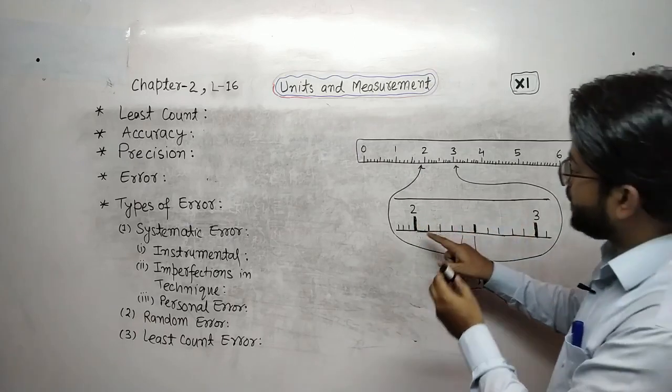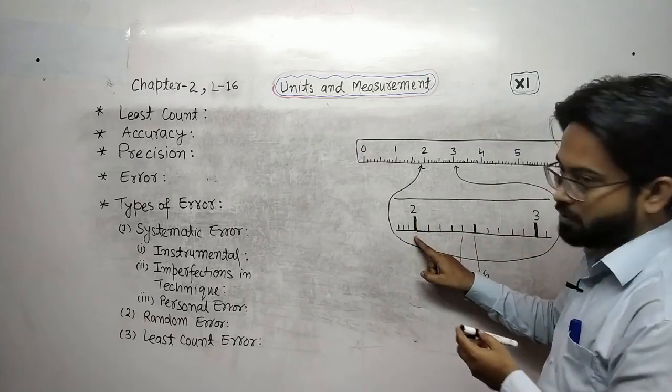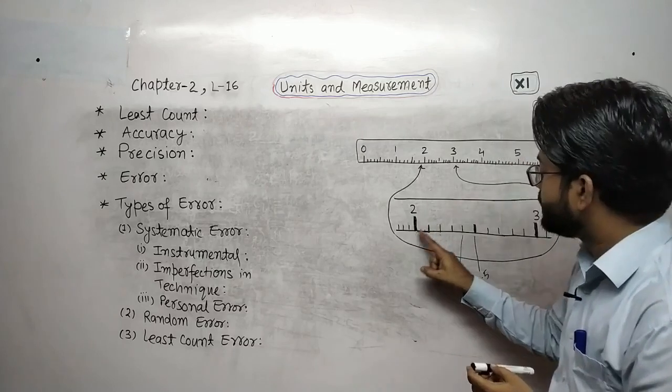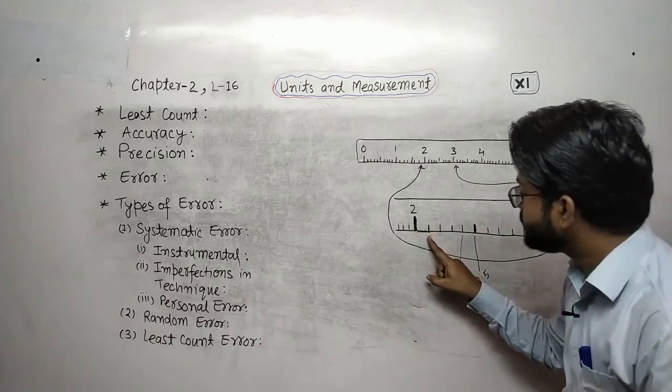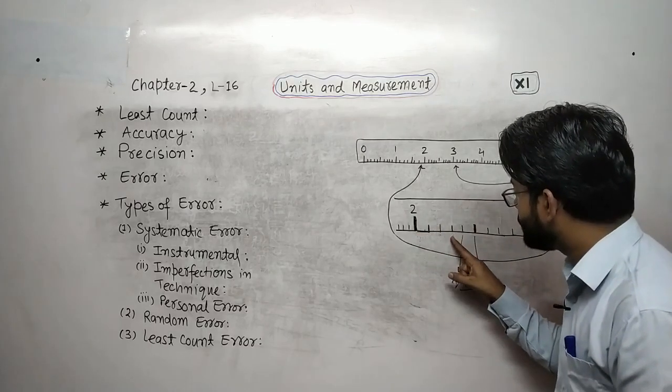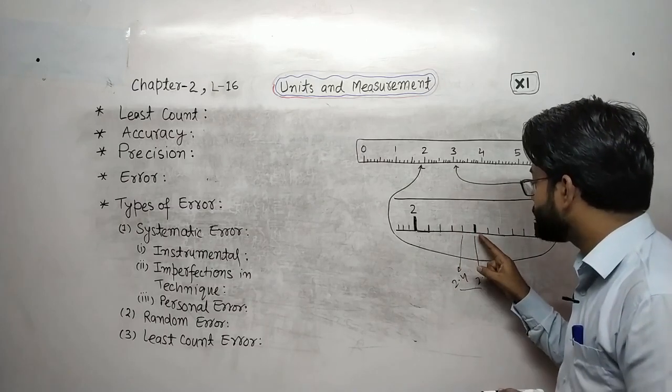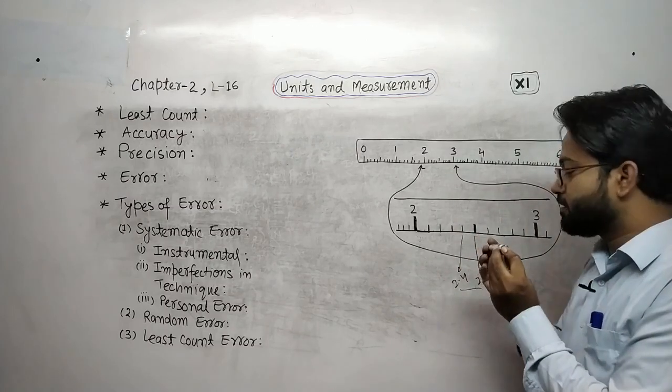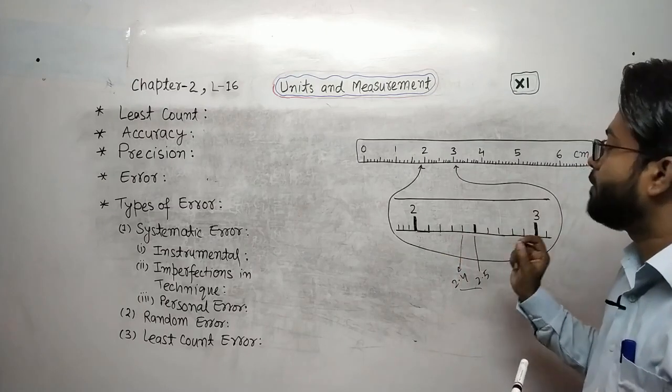because the initial point is at 2, the length is 0.1, 0.2, 0.3, 0.4, 0.5, meaning the length of the marker is 0.1 mm.